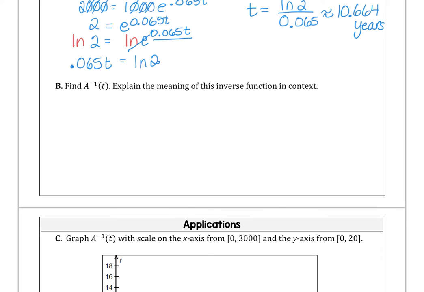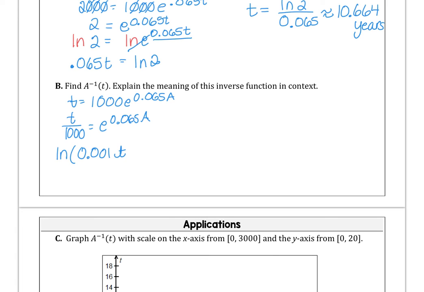So to get the inverse of A, we're going to replace the y value with t, and we're going to replace the t value with A, and then we're going to solve for A. So t divided by 1000 is equal to e to the 0.065 A. If we take the natural log of 0.001 t, I'm just changing this 1 over 1000 to a decimal, and that's going to be the natural log of e to this power.